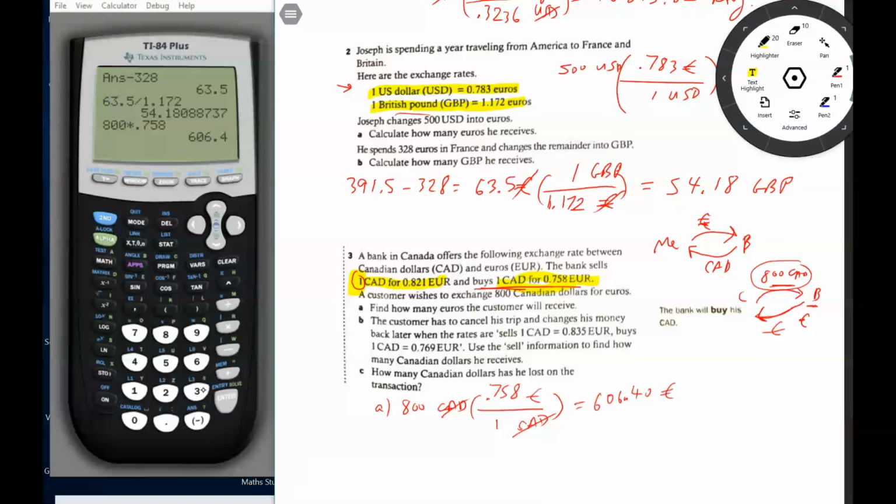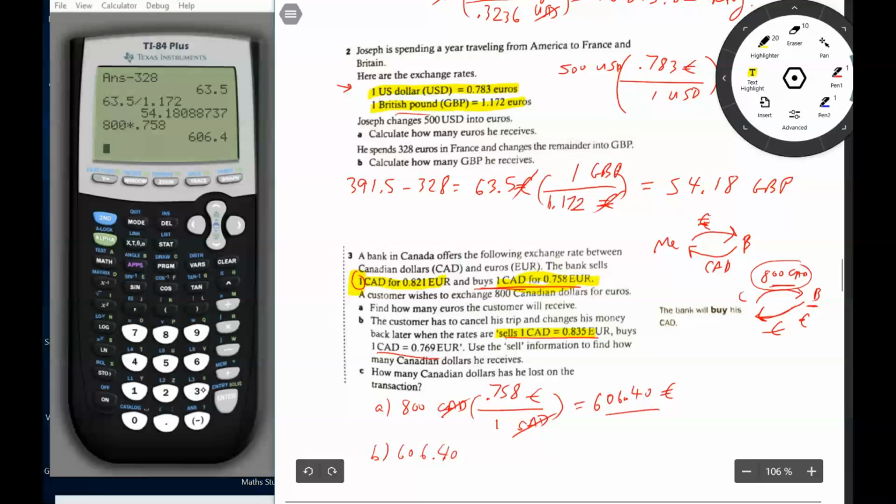B. The customer has to cancel his trip and change his money back later when the rates are: sells 1 Canadian dollar for 0.8535 euros, buys Canadian dollars equals 0.769 euros. Okay, so now I can take 606.40 and convert that. 606.40 is the amount that he has in euros.